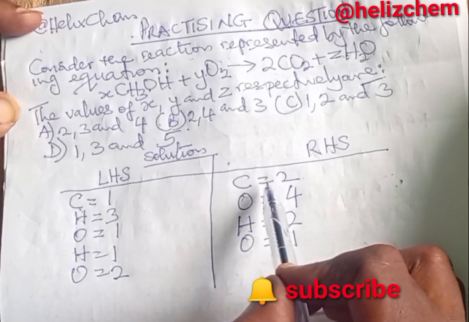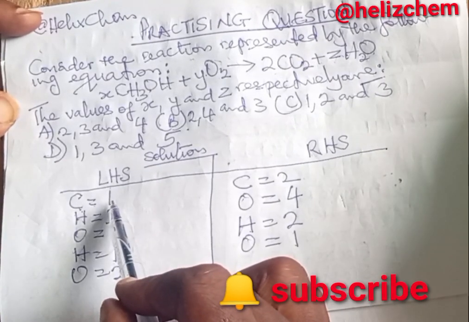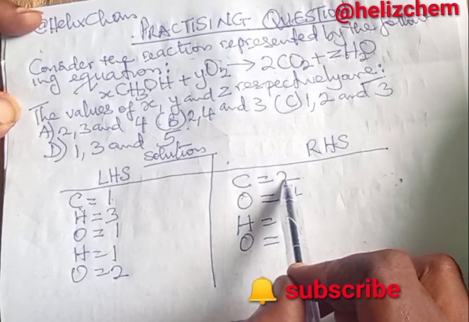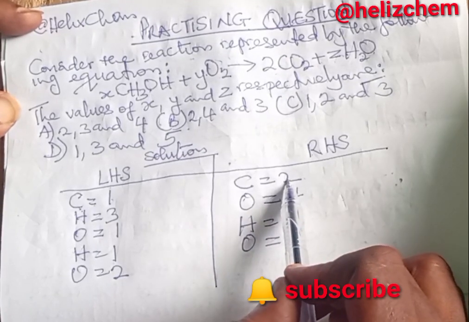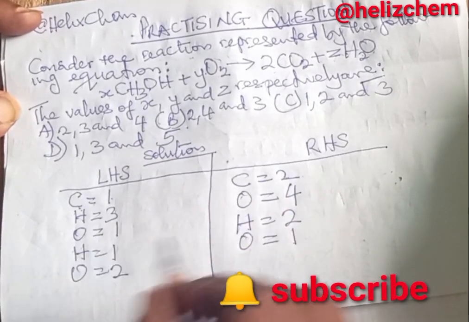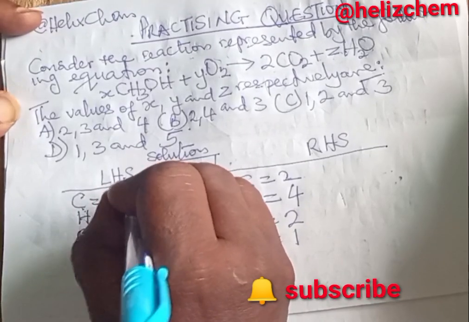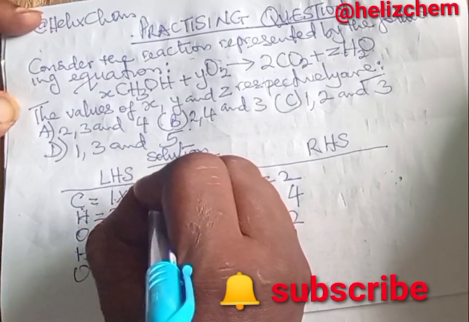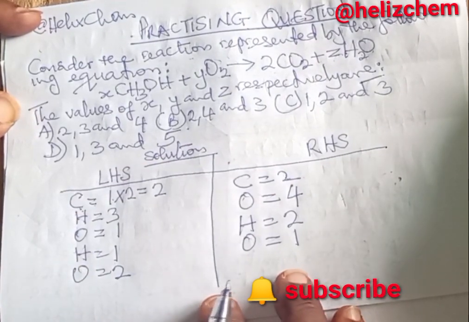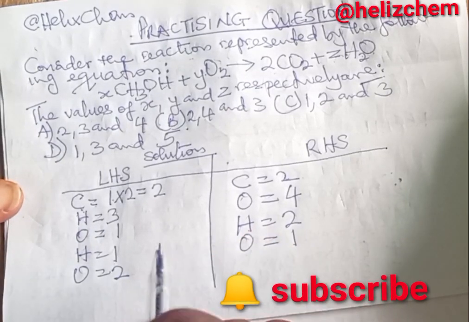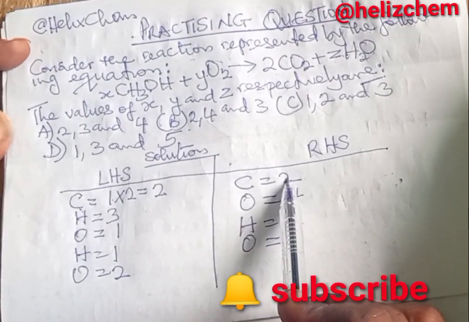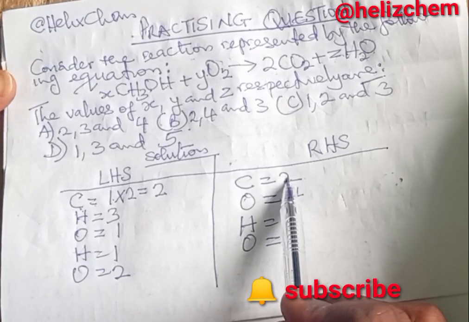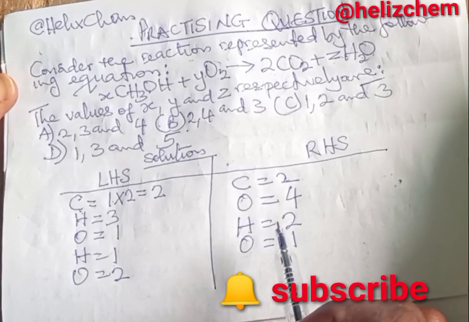So you will think of the coefficient that we multiply 1 by to make it 2, just as we have on the right hand side, and that coefficient is 2. So 1 times 2, we have 2. If you now look at it, carbon is 2 here, carbon is 2 here, and that makes it balanced.